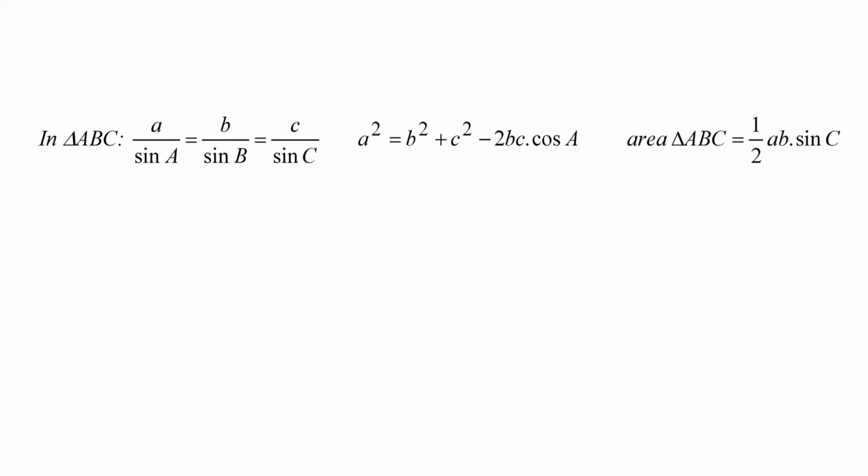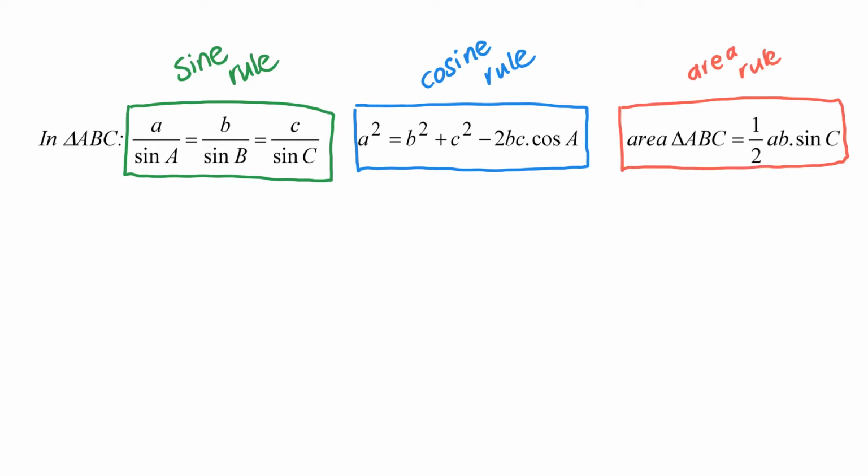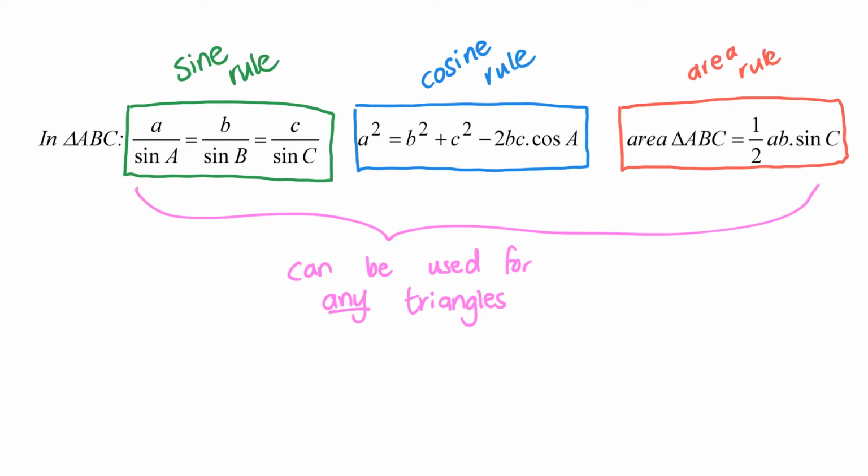The next few questions we're going to look at are about 2D trig. Now, if you have access to an information sheet in a test or an exam, you'll see that the formulas you'll need are down here. Let's take a quick look at them. So the three formulas are the sine rule, the cosine rule, and the area rule. These three rules can be used for any triangles.